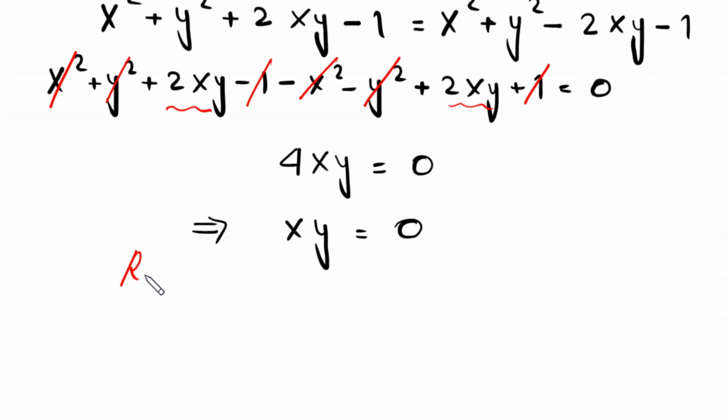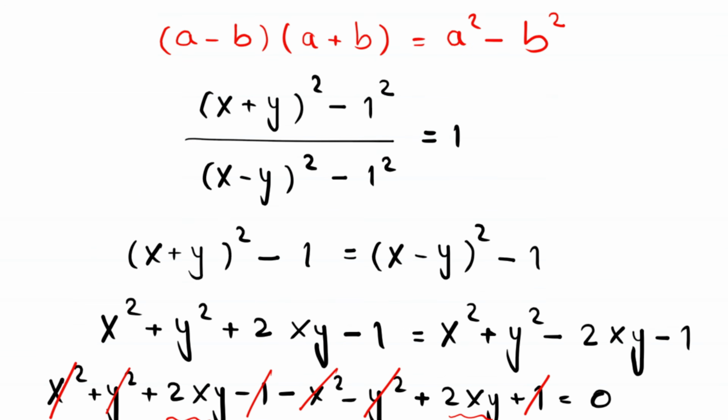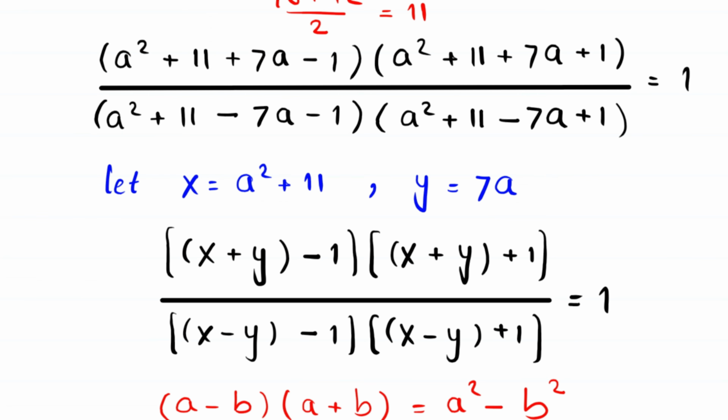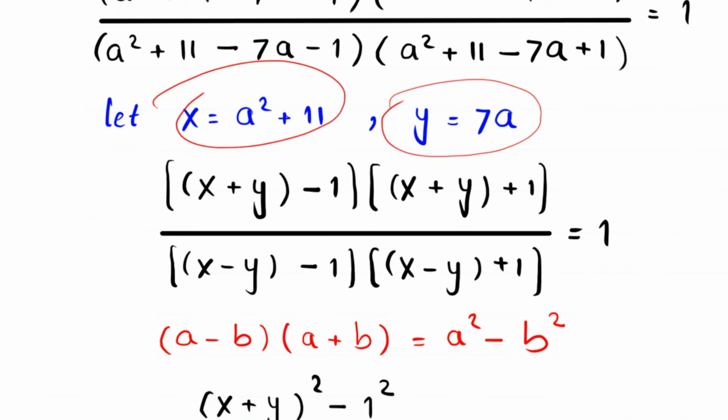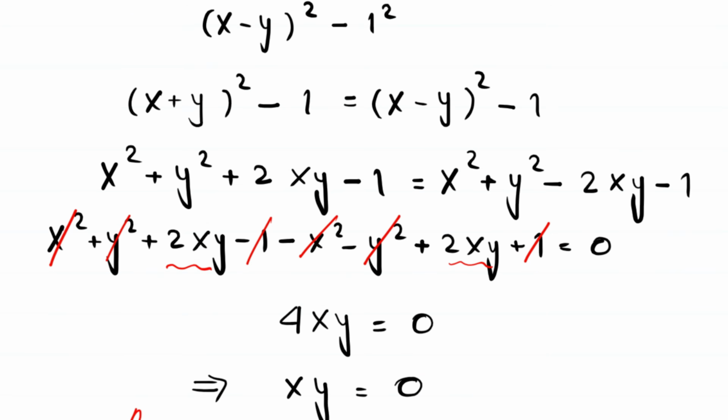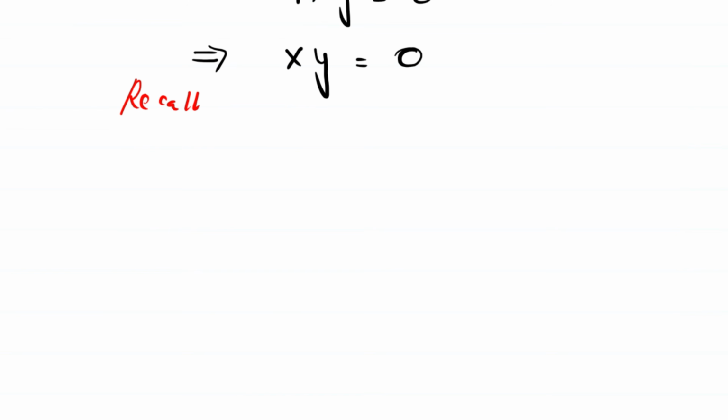Now recall that we have supposed that x is equal to a squared plus 11 and y is equal to 7a.